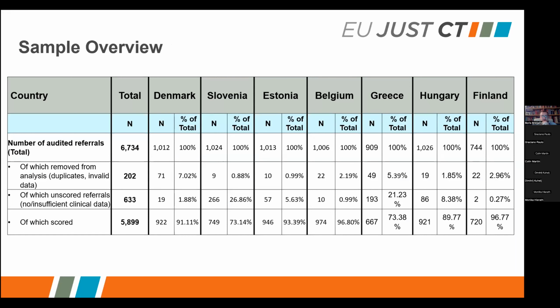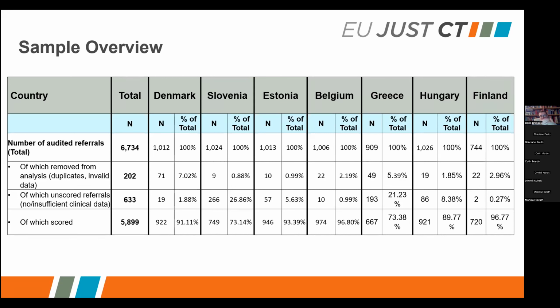So this third row is very important because you see that referrals with no or insufficient clinical data were very few in Denmark, less than 2%, in Belgium 1%, in Finland almost none, only 0.3%. However, there was a very large share in Slovenia and Greece, over 20%, more than 8% in Hungary, and more than 5% in Estonia.